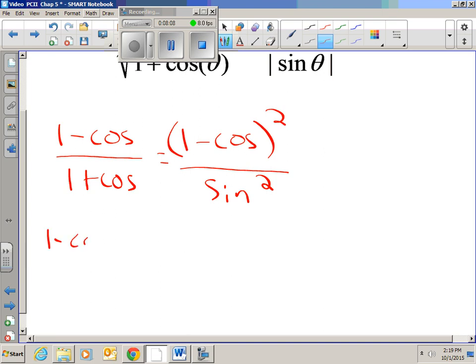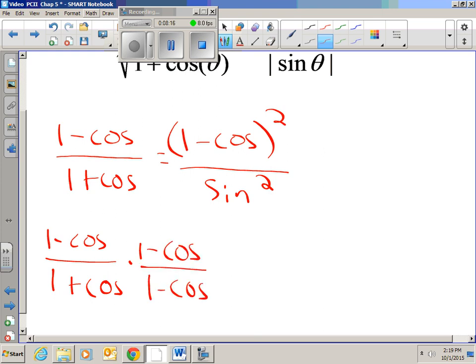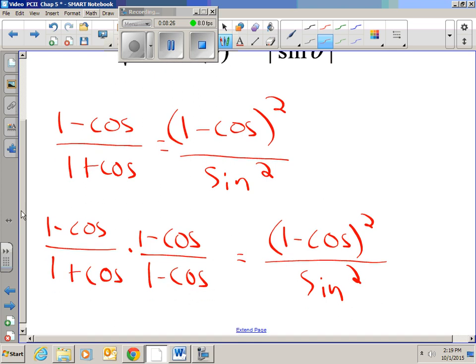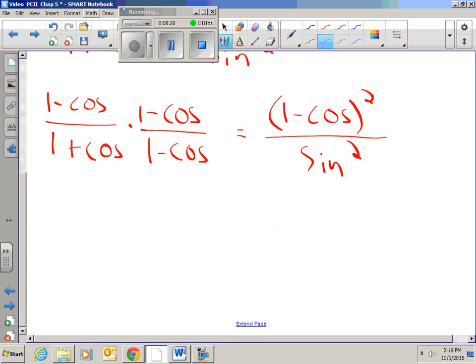So I'm going to take 1 minus cos over 1 plus cos and multiply by 1 minus cos over 1 minus cos. And that still equals 1 minus cos squared over sine squared. Okay? Up top now, do we see that I'm going to get, on the left-hand side here, 1 minus cos squared. Hey, hey, that looks like the top on the right side.